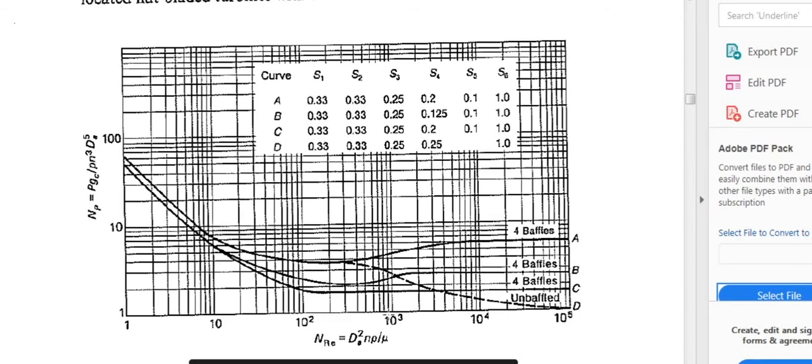So draw a line parallel to the y-axis, cutting that curve at a point P, and the reflection of P on the y-axis gives the value of NP. Note down the value of NP, 1.07, whatever it is. But this is called the uncorrected value. Corrected value means we should multiply with NFR raised to M. End of the story. M, you have a formula, a minus b log Re, that is fixed one.